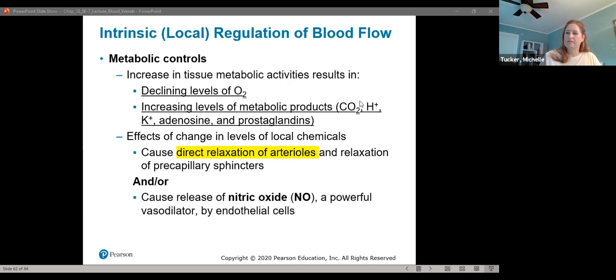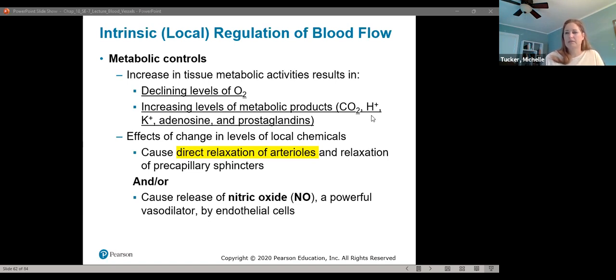Carbon dioxide is also acidic as well. And then potassium ions are going to indicate that we're starting to get an ion imbalance. And then adenosine is a very potent hormone, as well as prostaglandins. We'll talk about nitric oxide as well.